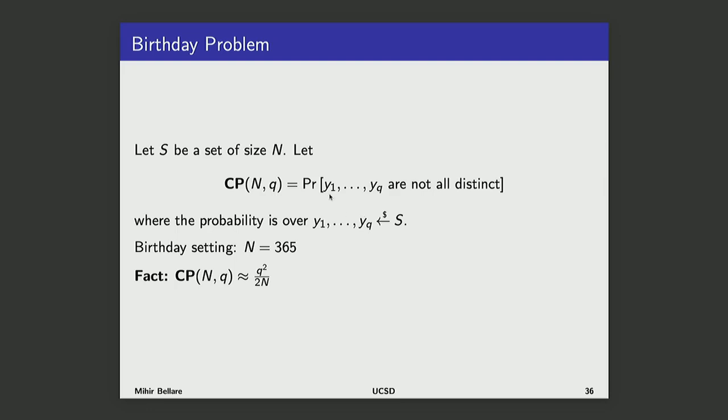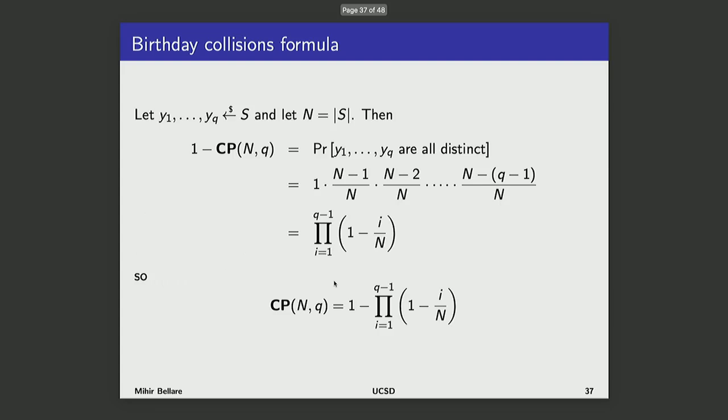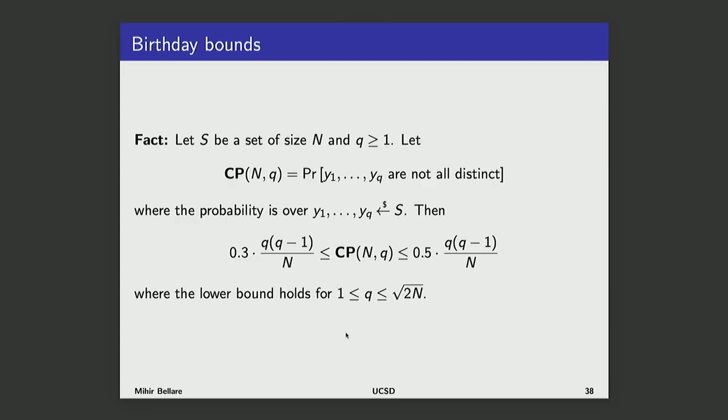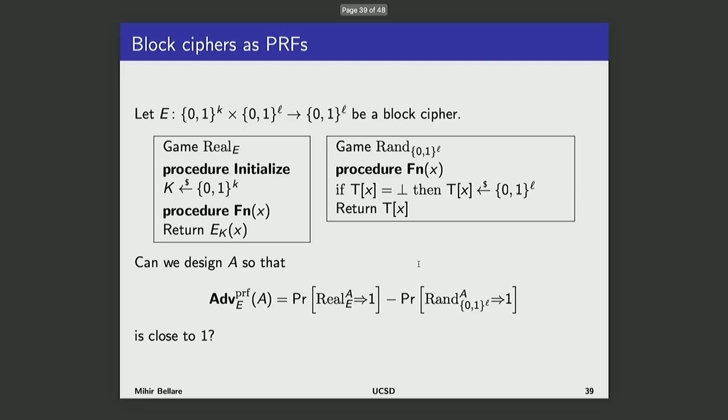Another way of saying that is they are not all distinct. And what we know about that probability is that it grows roughly as q squared divided by N. So the number of points you draw divided by the size of the space up to some constant factors. Okay, so then that's where we left off.